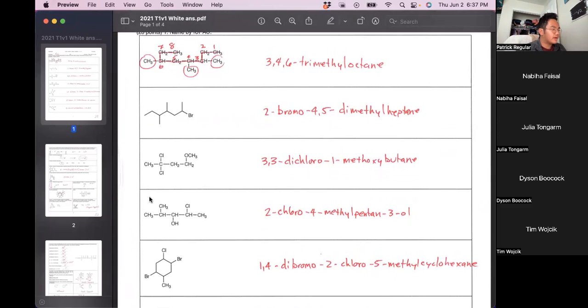Ooh, something to note here. For this pentane, the alcohol is in that middle one, 3-ol. So it's 1, 2, 3, and 1, 2, 3, both sides. So either way works. So that is a time where you have to use the alphabet as a tiebreaker.